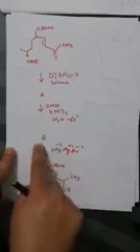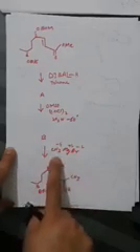Upon this A, the Swern oxidation will occur. You will get this B, and when this B reacts with the Grignard reagent, vinyl magnesium bromide, the final product I have drawn here. You will have to tell me what A and B are.